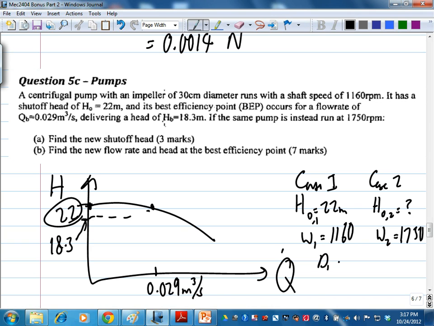D1 equals to D2. Is that right? Flow rate, don't touch first. Let's do part A first. H0, yes, D1, 30 cm. A centrifugal pump with an impeller of 30 cm.